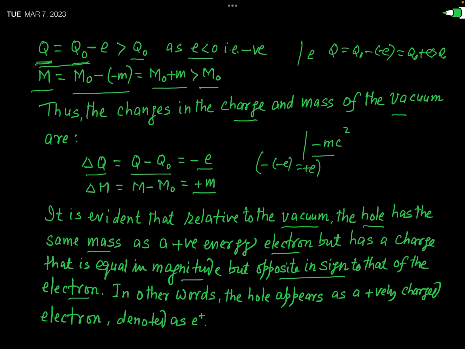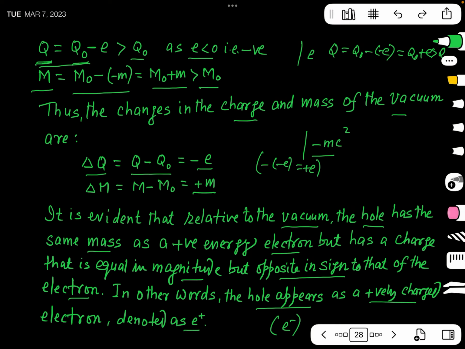So in other words, you can say that the hole appears as a positively charged electron, because the mass is the same as that of the electron in the positive energy state, and the charge is equal in magnitude to the charge of the electron, but in sign it is positive. So this hole is denoted by the symbol e plus. You know the electron is denoted by the symbol e minus, so on that basis, the hole will be denoted by the symbol e plus.